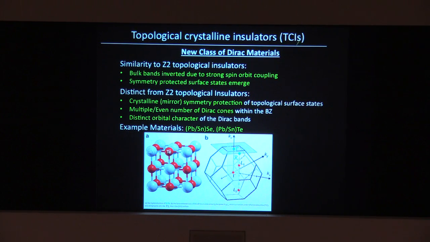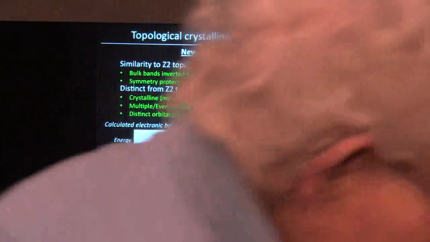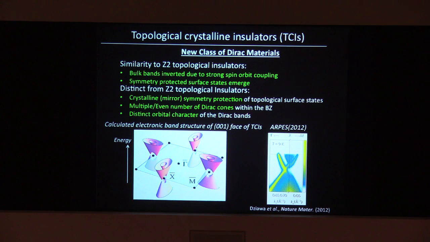We would like to use strain, measure the effects of strain on topological crystalline insulators, right? And I showed you why they're interesting yesterday. They're similar to TIs in the sense that bulk bands are inverted due to strong spin-orbit coupling. And due to this band inversion, symmetry-protected surface states emerge.